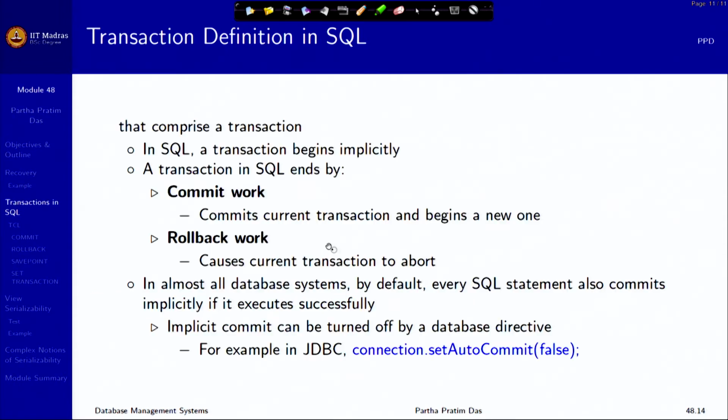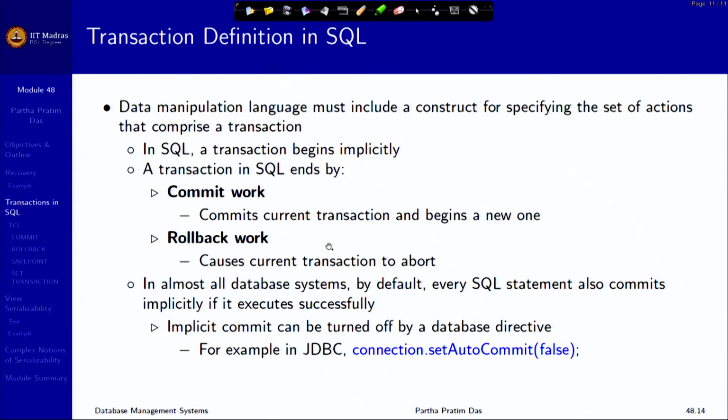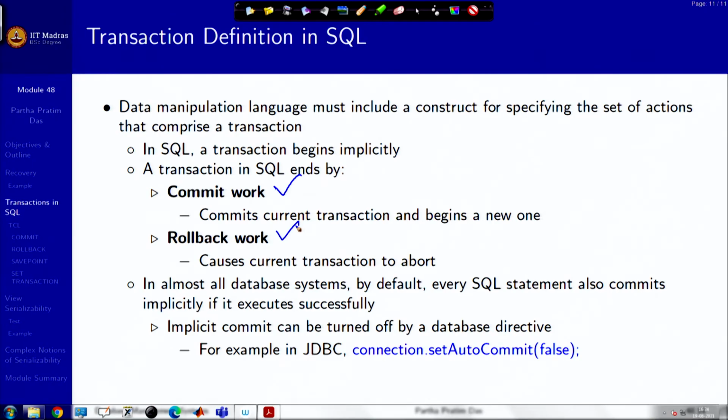Before we move further, let us see how to write transactions in SQL. So, in SQL you can actually write a transaction. The two primary commands for transactions are commit, which a transaction ends with, or rollback, which will cause the current transaction to abort and take it back to the beginning of the transaction or some other point.